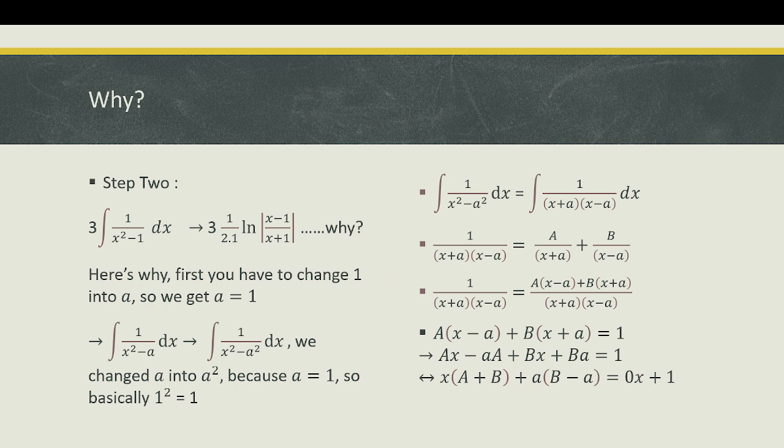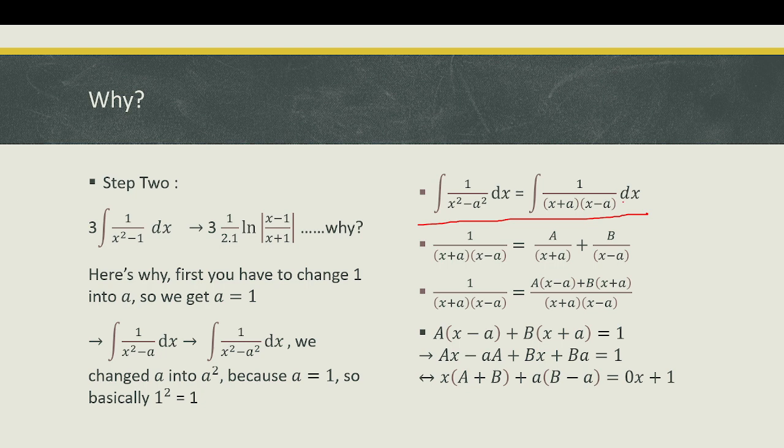So here we move to the next step. I will need a pen to show you this. So the integral of 1 over x squared minus a squared dx is equal to the integral of 1 over x plus a times x minus a dx. Why?